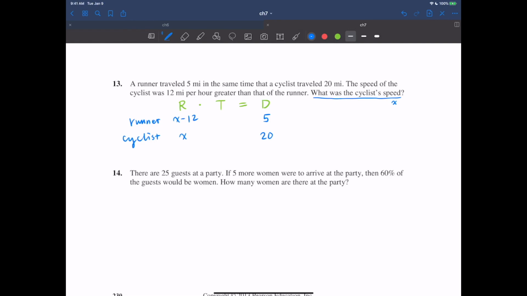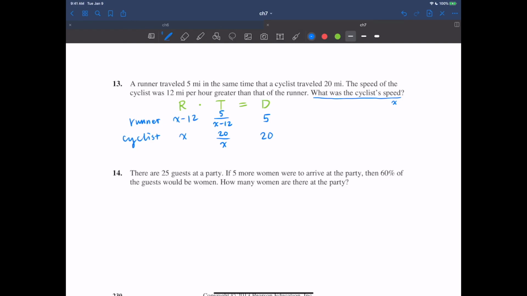According to the formula, we could write down the time that it takes for them to travel those 2 distances. For the runner, the distance is 5. The rate is x minus 12. So if I do a ratio, that is the time. Similarly, cyclist distance is 20, rate is x. Perform a ratio, that is the time.